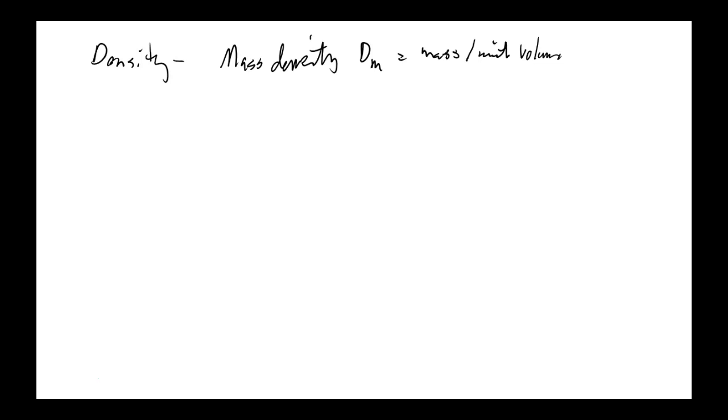So mass density is mass per unit volume. What units would that be? What's the SI unit for mass? Anybody remember? Units are important, folks. Kilograms, that's exactly right. And what's the basic unit of volume in the SI units?